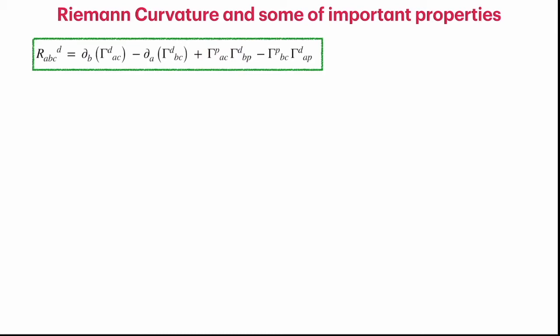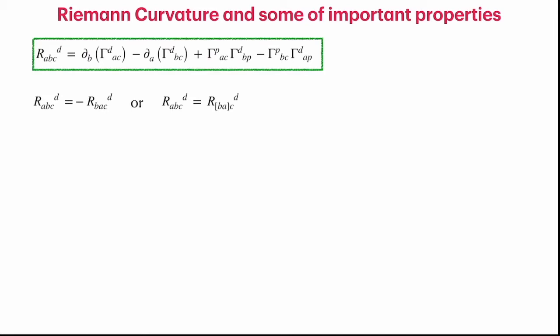Christoffel symbols are again expressed in terms of derivatives of the metric tensor, and that is why the Riemann tensor can be expressed in terms of a second derivative of the metric tensor, and there is also a product term which makes it non-linear.